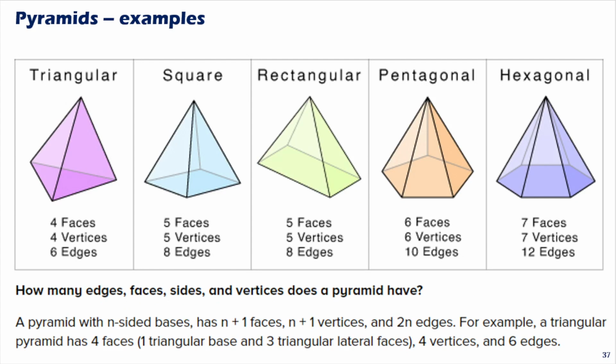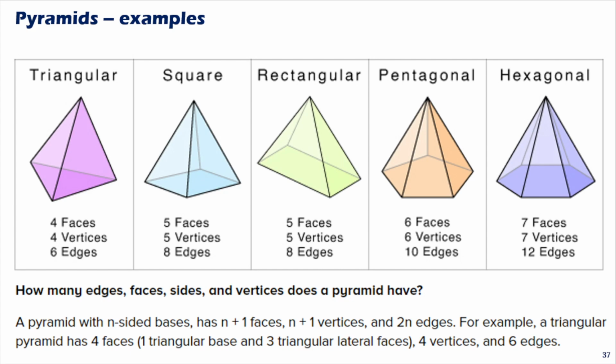Okay, next, examples of pyramids according to the number of sides of its base. We could have a triangular pyramid, square pyramid, rectangular pyramid, pentagonal pyramid, hexagonal pyramid. Usually a pyramid with an n-sided base has n plus 1 faces, n plus 1 vertices, and 2n edges.